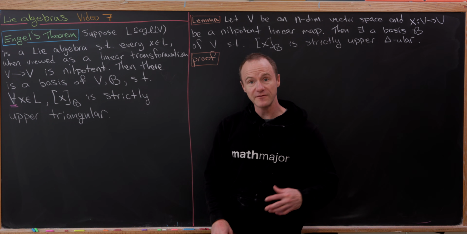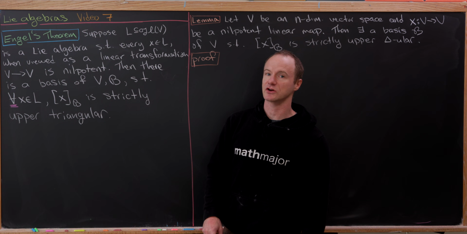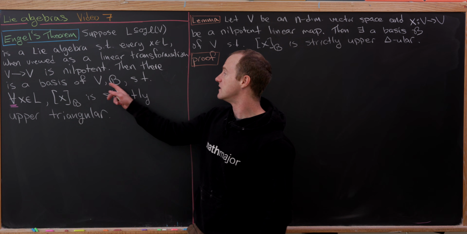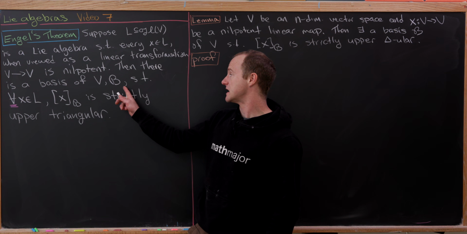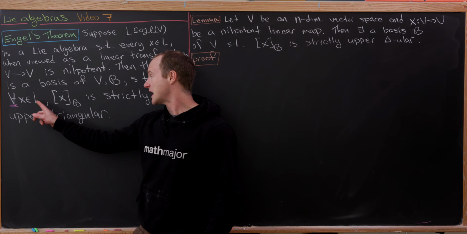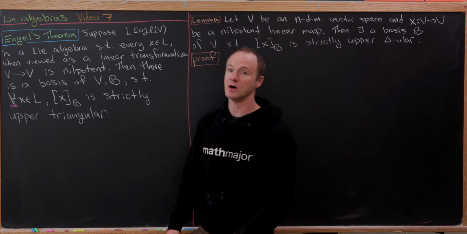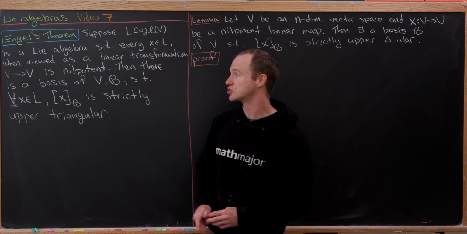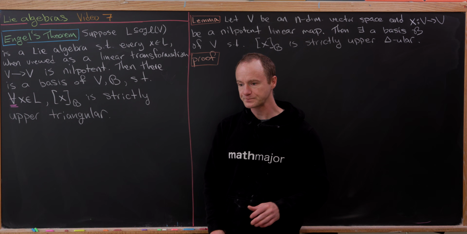Okay, so if those are all nilpotent linear transformations and we're inside a Lie algebra, then there is a basis B of V such that every element of the Lie algebra, when written as a matrix in that basis, is strictly upper triangular.